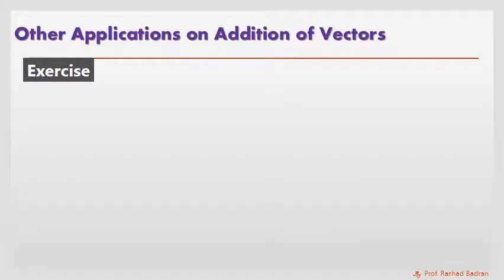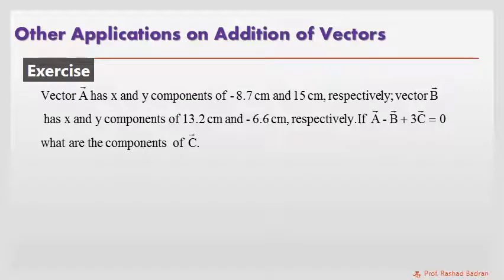The following is an exercise on the addition of vectors in 2 dimensions. In this exercise, vector A has x and y components of minus 8.7 centimeters and 15 centimeters respectively, while vector B has 13.2 centimeters for the x component and minus 6.6 centimeters for the y component.